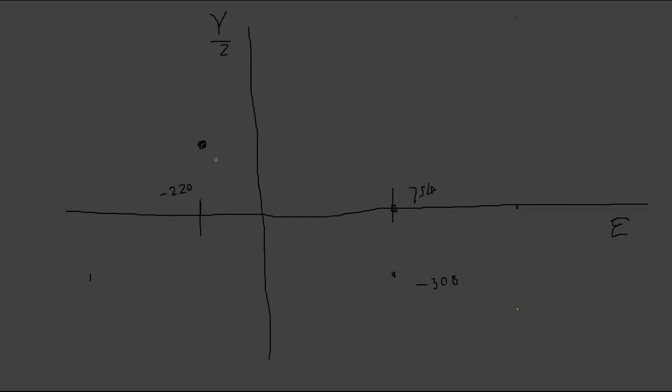These are on a diameter, so if one point is located, the other is easy. So this would be your diameter and this is your circle.